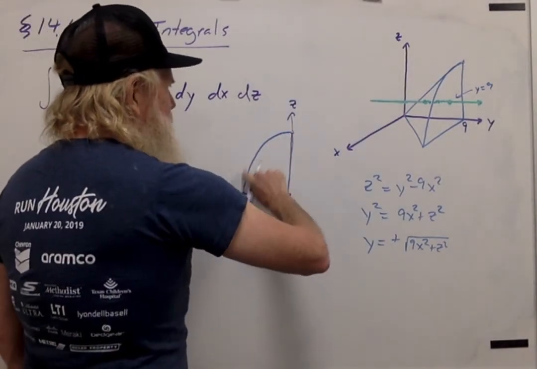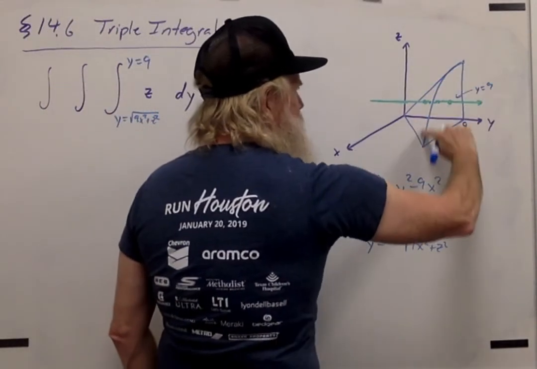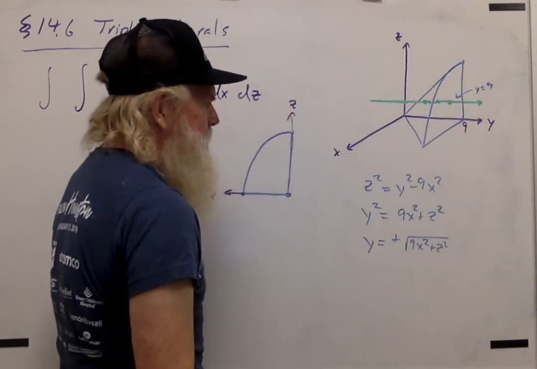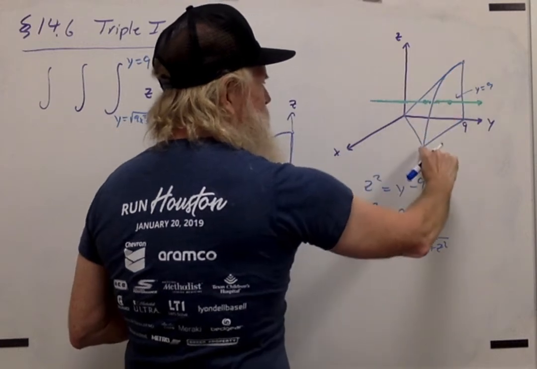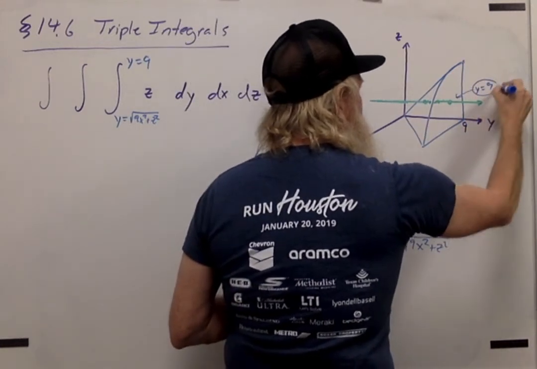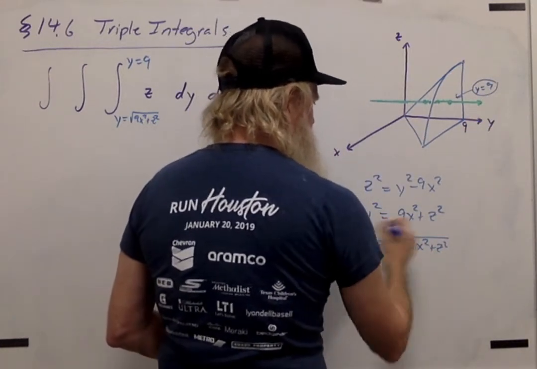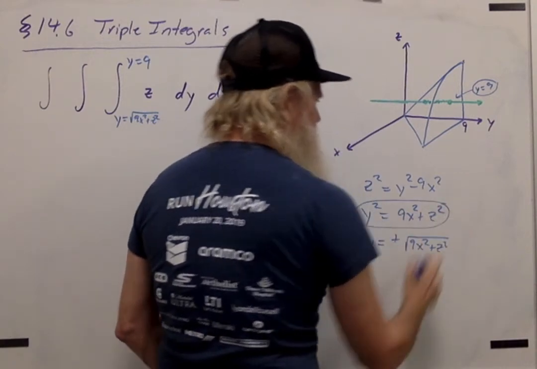Now this edge is not actually in the XZ plane. It's over here where y equals 9. So to figure out what the equation for this edge is, let's take y equals 9 and substitute it into this equation.